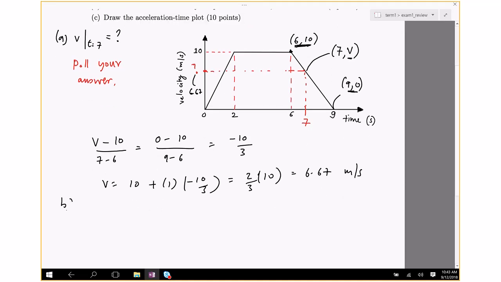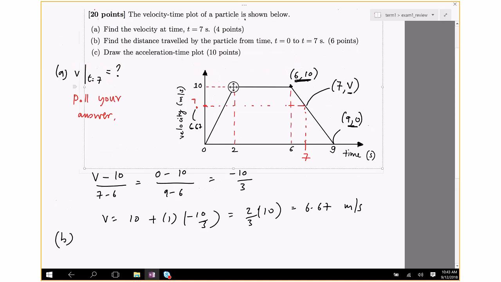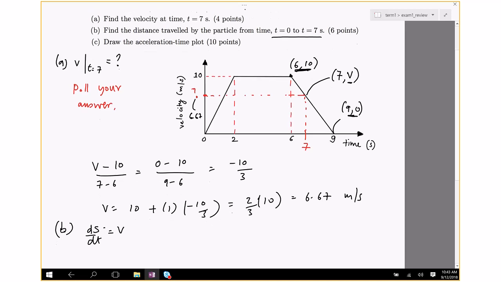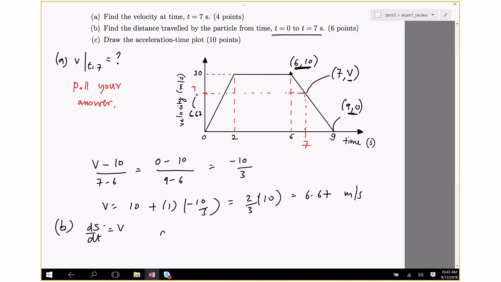B. So find the distance traveled from t equals 0 to t equals 7 seconds. Okay, so let's try to understand how velocity is related to the time. Sorry, to the distance. So ds/dt equals v, right? And so ds equals v dt.